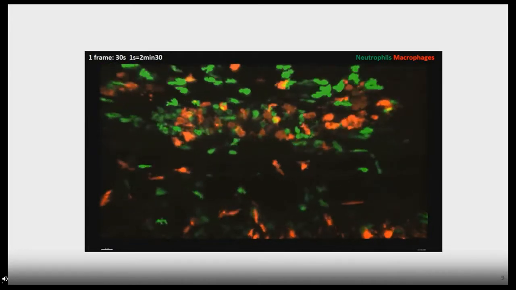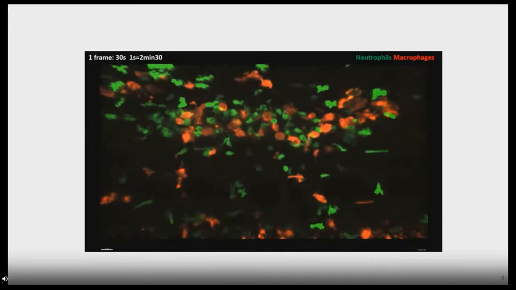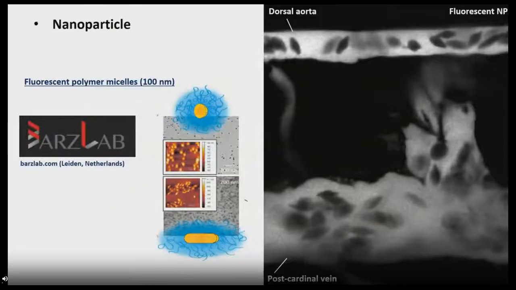There. So those are the advantages of the zebrafish, but it's also very good for other fields like nanoparticle studies. Here, it's a video where we used fluorescent nanoparticles from the laboratory of Matthias Barth in the Netherlands. Basically, you have very tiny nanoparticles, either round or worm-like, and they're incredibly fluorescent.